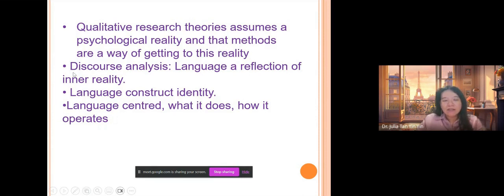Like I said, in discourse analysis, language is a reflection of reality. Language constructs identity, like in a village, what language they speak, what is the identity of the villagers, and how it operates.